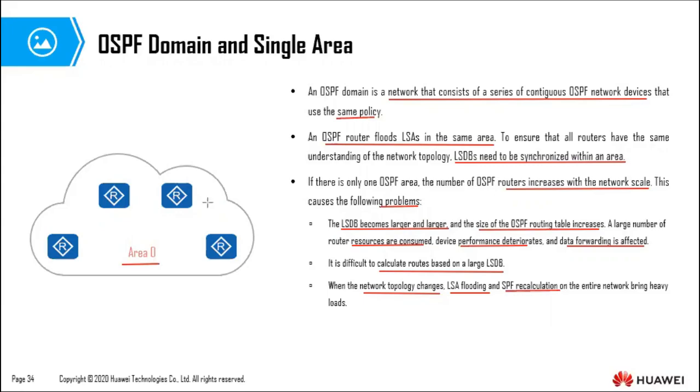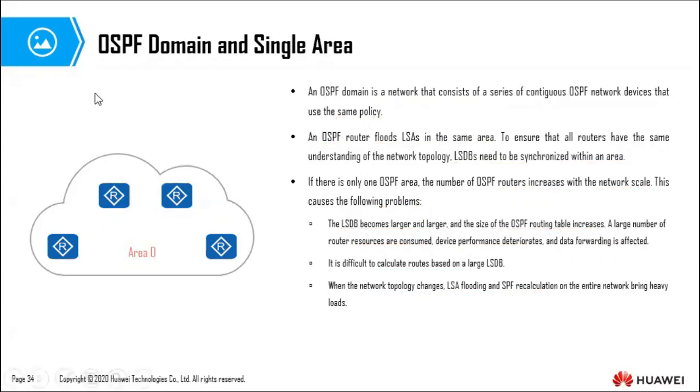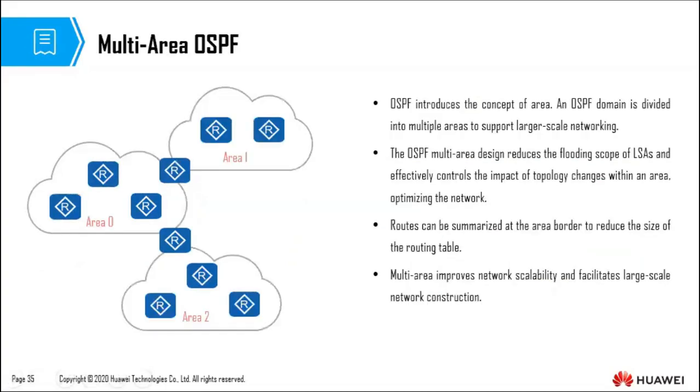That's the purpose of multi-area, and we can allow the network to easily scale. So multi-area OSPF. So OSPF introduces this concept. The domain is divided. So that is like the network of the ISP, divided into multiple areas in order to support larger scale networking.